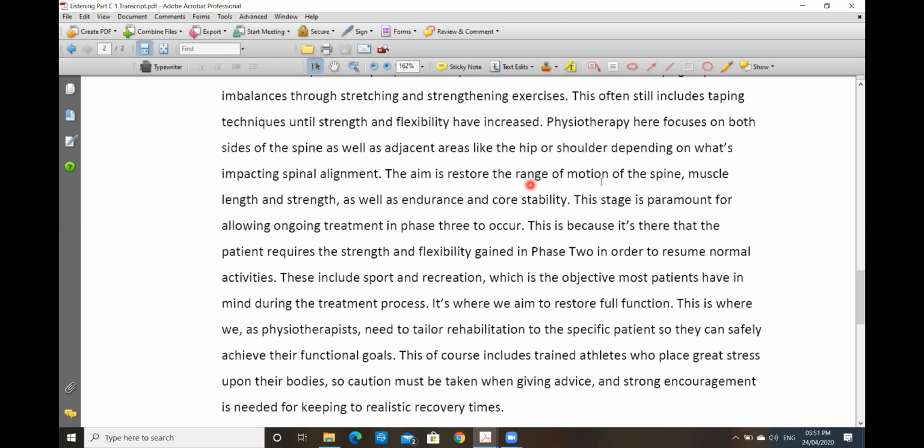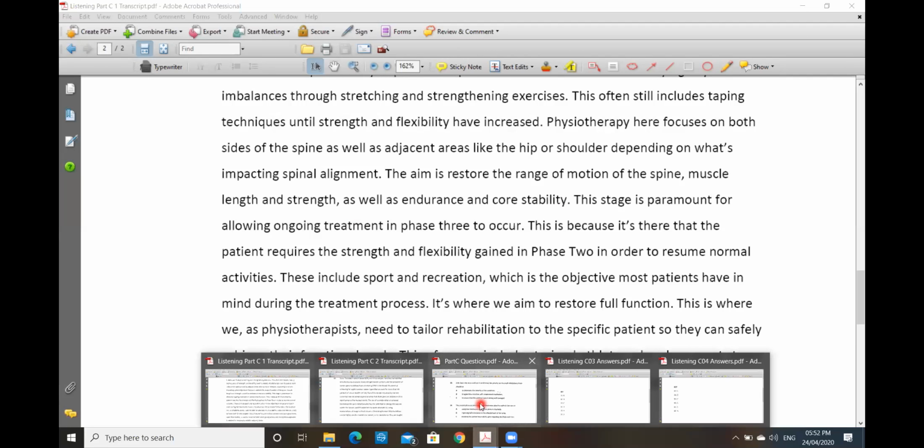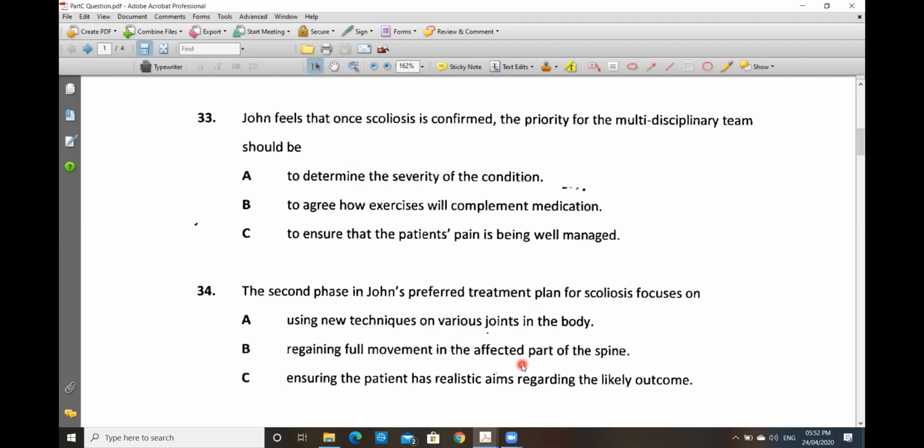And the aim here is to restore range of motion of the spine, muscle length and strength, endurance, and core stability. So that is why the correct answer there is B, regaining full movement in the affected part of the spine. Right? So if you apply this strategy and simultaneously work on your English, because as I told you, it is a combination of linguistic skills and test-taking skills, definitely you would be able to get correct answers here.